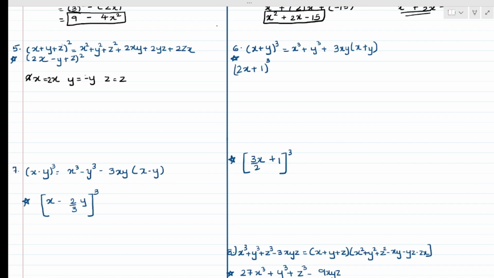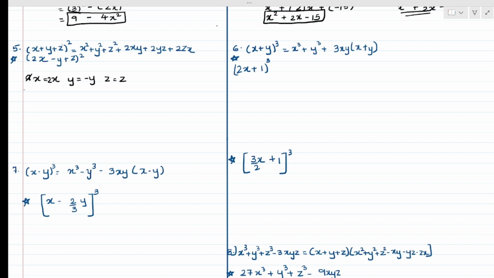Why have I taken this as negative y? As you can see, my identity is completely in positive terms, there are no negative terms used. But in my example, the middle term has a negative sign. So whatever sign is used, you have to take that sign along with your term. So let's substitute these terms in our identity.